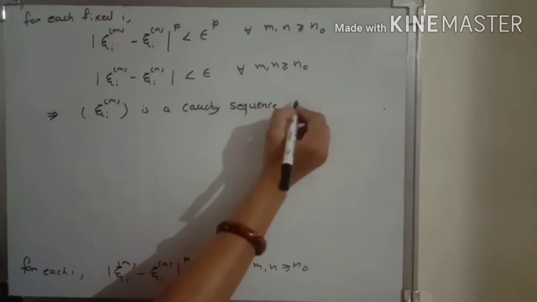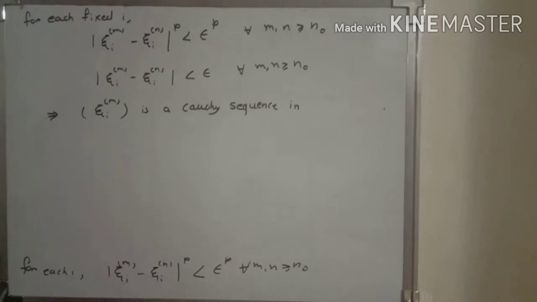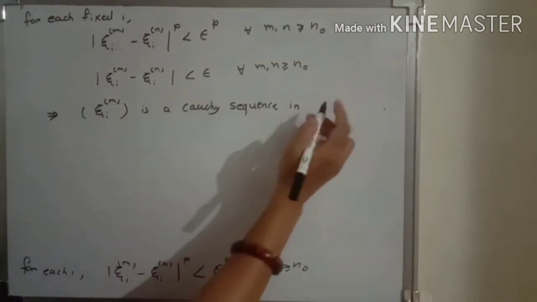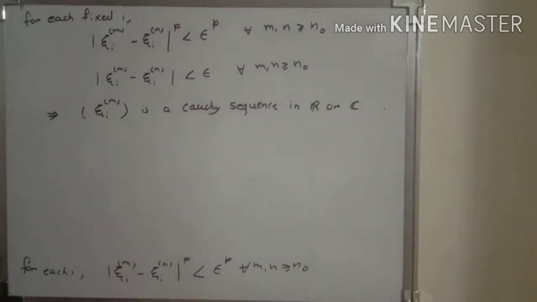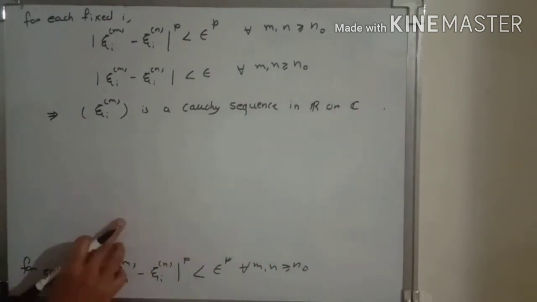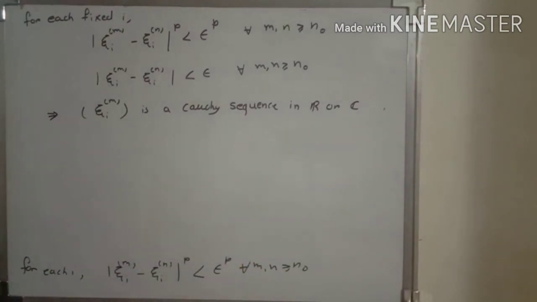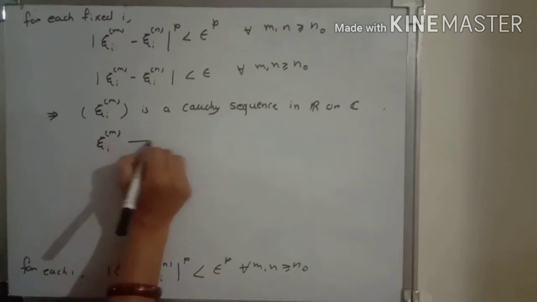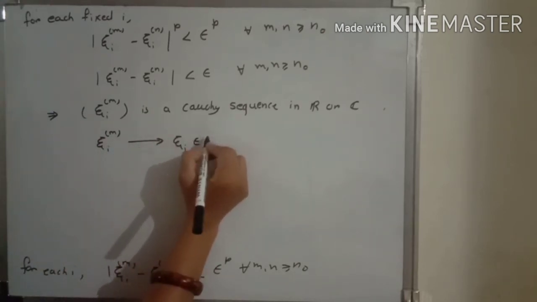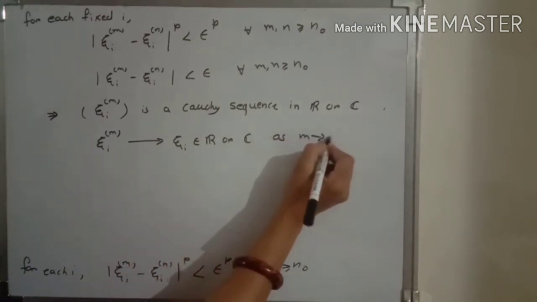It is a Cauchy sequence, and as each xi im is either real or complex, it is a Cauchy sequence in R or C. And we know that R and C both are complete, therefore every Cauchy sequence in R or C converges in R or C. Hence the sequence xi im converges to xi i, where xi i is an element of R or C, as m goes to infinity.